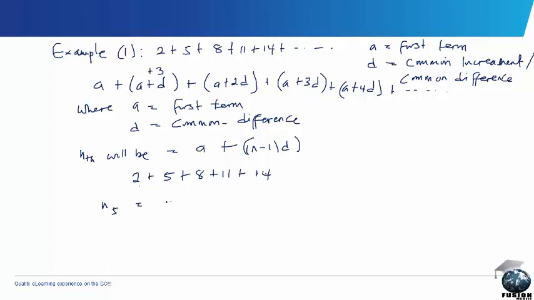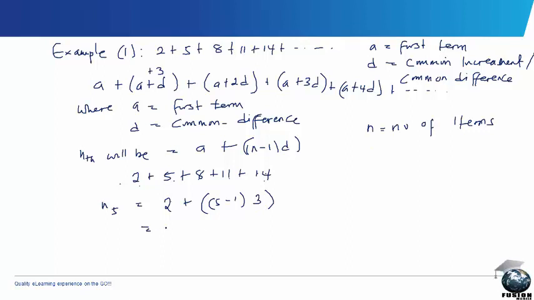It is equal to a, the first term 2, plus n minus 1 times d. n here denotes the number of items, which is 5, minus 1, and d, the common difference, is 5 minus 2, which gives us 3.